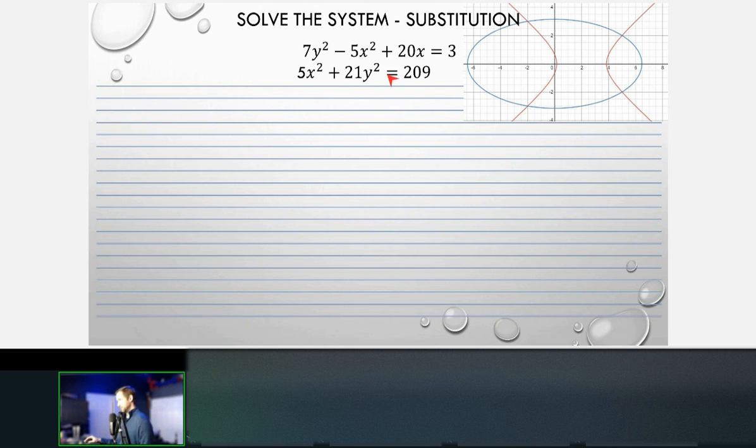So let me give you a little hint here. We have x squared, y squared, constant. Here we have y squared, x squared, and x. So we have x squared and x here. So let's maybe get these two on the other side. Let's move these two to the other side. I'm going to write that down.